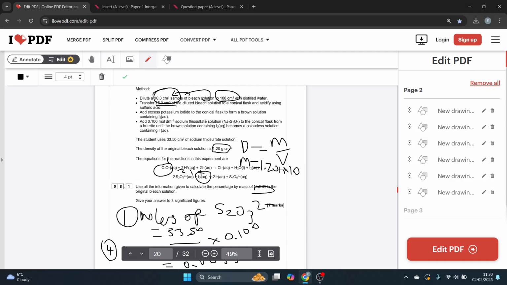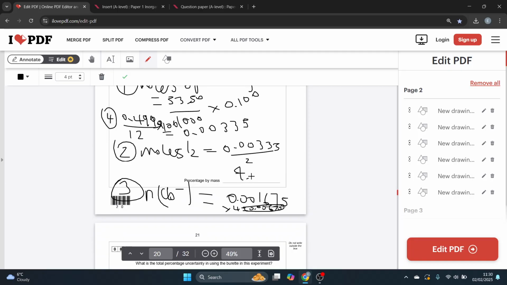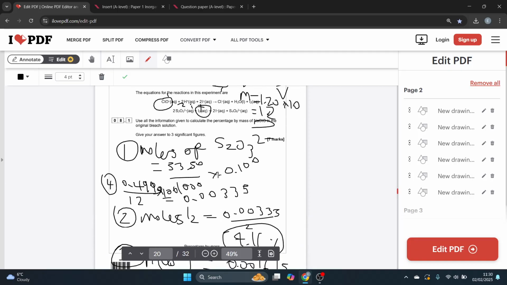And this is a part which caught me off guard. I converted this to moles per liter, but if you look at it, it says grams per centimeter cubed, so both need to stay in the same unit. So you should get 12. And therefore, the final answer is going to be 0.499 divided by 12 times by 100, and you should get 4.16%.